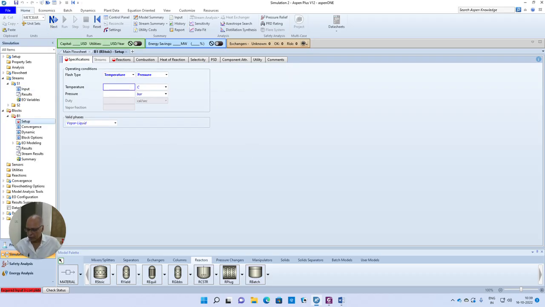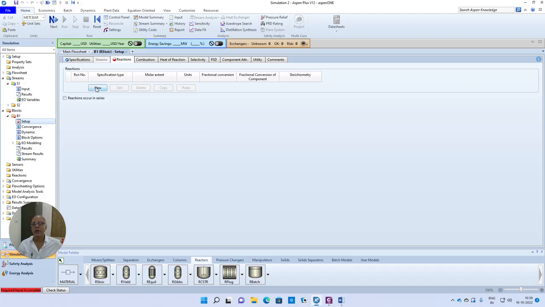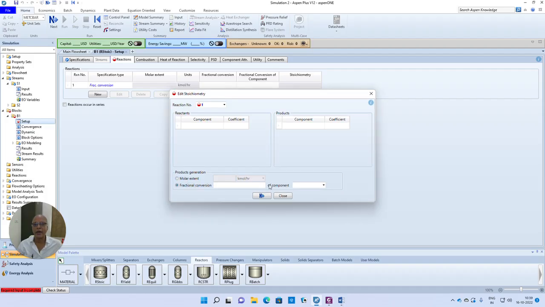Once again, because we are trying to calculate the standard heat of reaction, the reactor also must operate at the same conditions. Go to the next. We need to define the reactions stoichiometry. Now you can see on the left hand side you are defining reactants, on the right hand side you are defining products. So select the components that we have already defined.